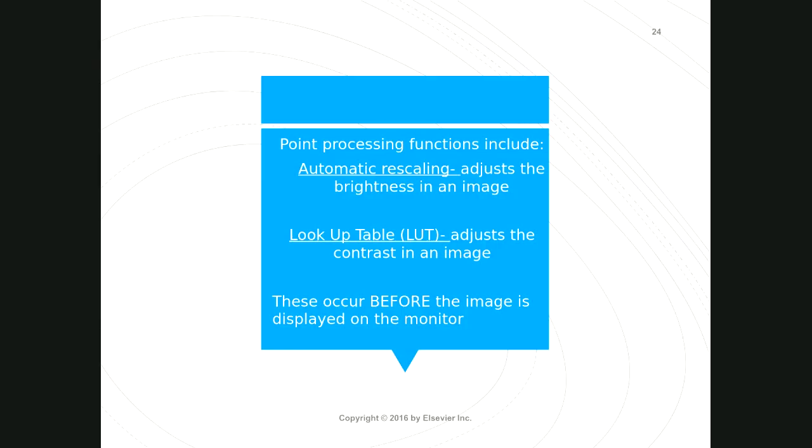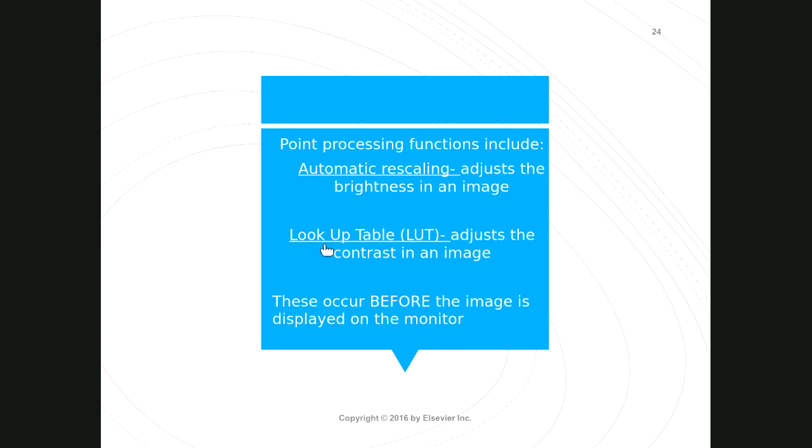Now, just to mention the point processing functions, these take place before your image gets displayed. So before you see it, during that histogram analysis, when it's comparing what you gave it to what a diagnostic image should contain, it goes through automatic rescaling, which adjusts your brightness in the image to appear appropriate.